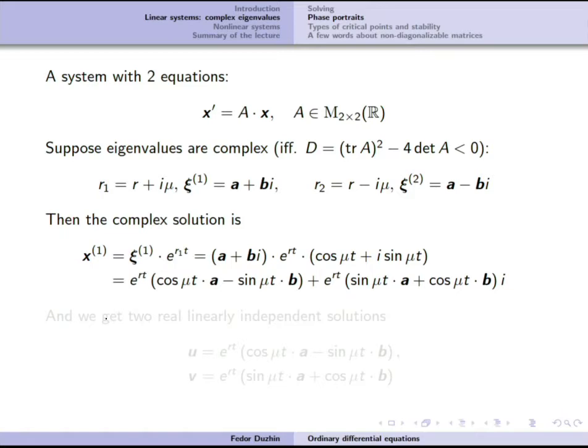And if we just apply all these findings, if we just link them together, then this is going to be the real part, and this is going to be the imaginary part.